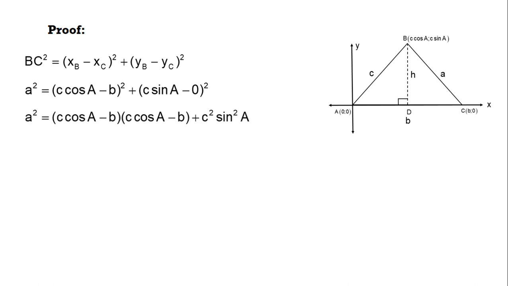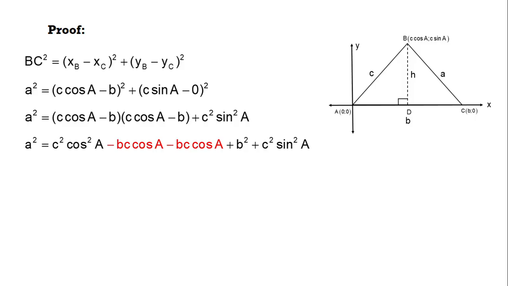Now we simplify. So on the first term, you have a binomial squared. So all you do there is just expand and have two binomials. And then on the second term, c sin A minus 0 will be c sin A, and if you square that, you'll get c squared times sin squared A. Now if you expand your binomial, you are going to get what you see on the screen.